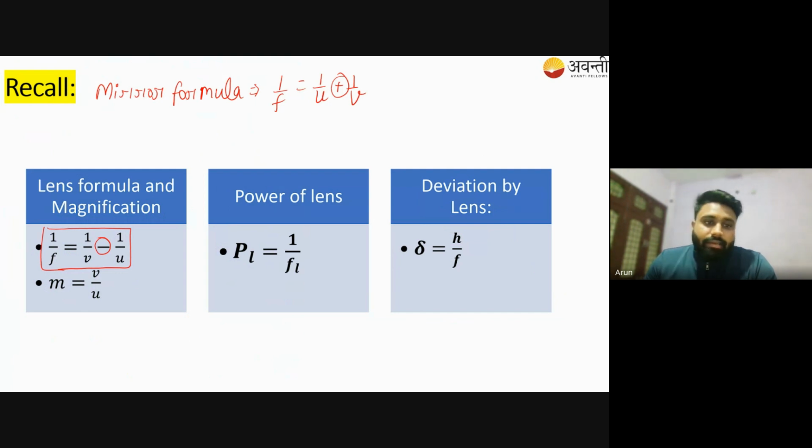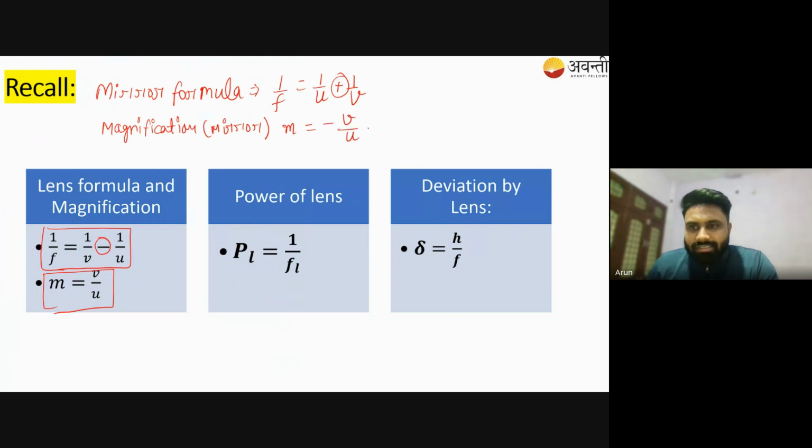Got it? Now the magnification part. Magnification for lens is v upon u, and for mirror, small m is equal to minus v upon u.